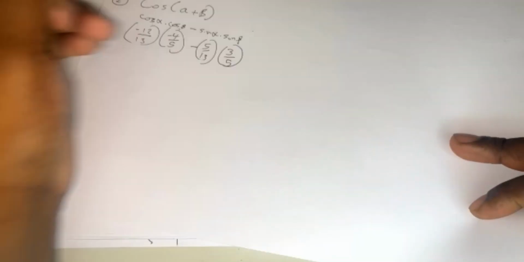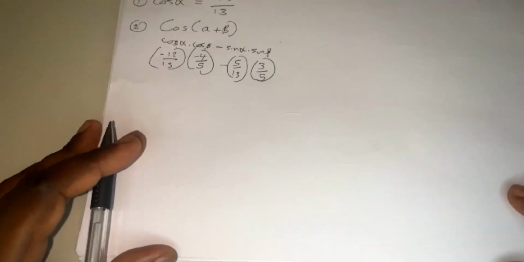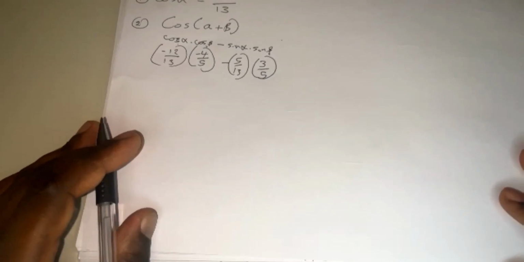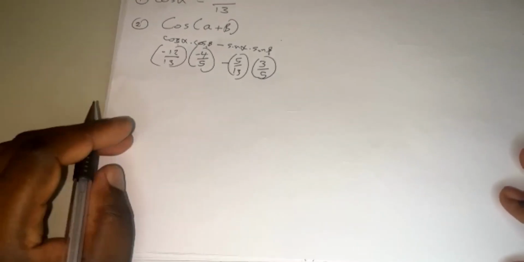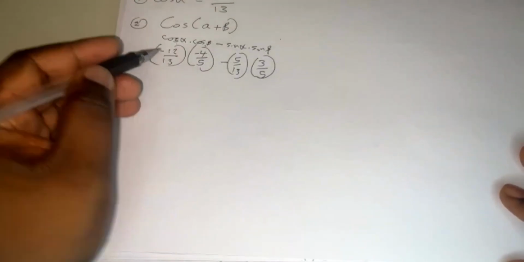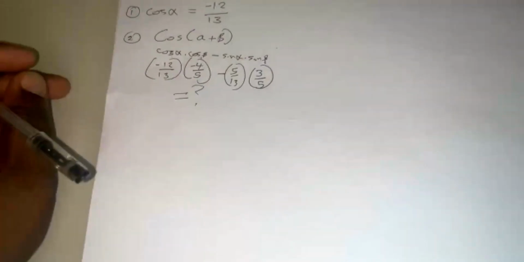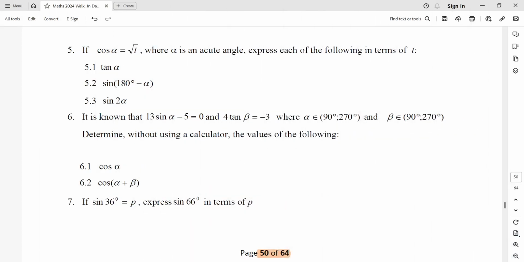Then sine beta is 3 over 5. So you are done. You can simply calculate these and they will give you the value. It's simple mathematics here, just punch everything on the calculator and it gives you the value. Like I said, I don't have a calculator, so I won't be leaving you with the final answer.